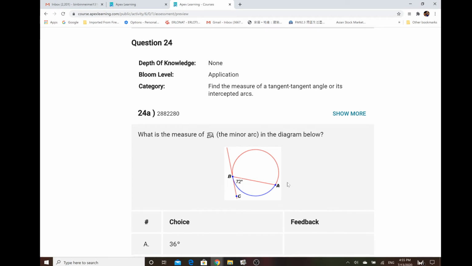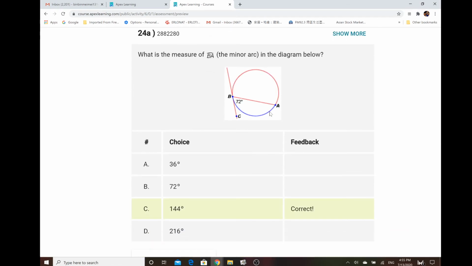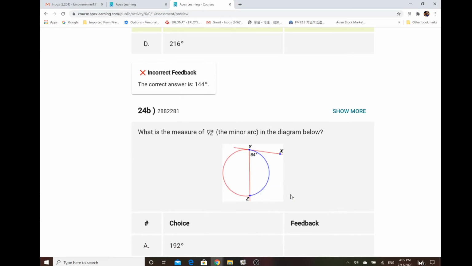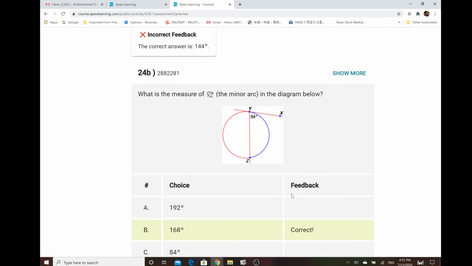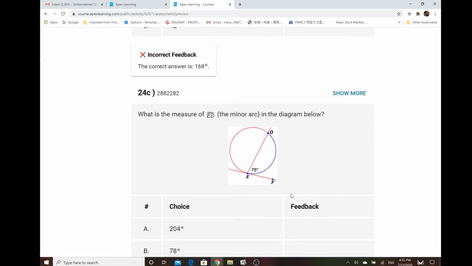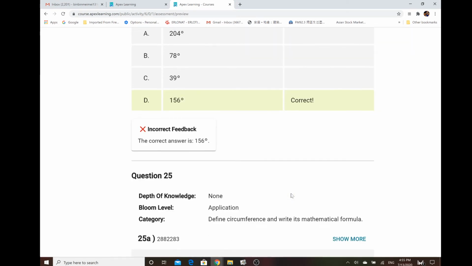So to find the intercepted arc, we go backward: 72 times 2 is 144. So the measure of the intercepted arc AB, or BA, is 144. Here's another one: 2 times 84 is 168. 2 times 78 is 156.